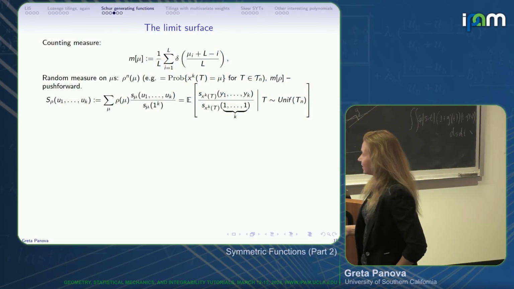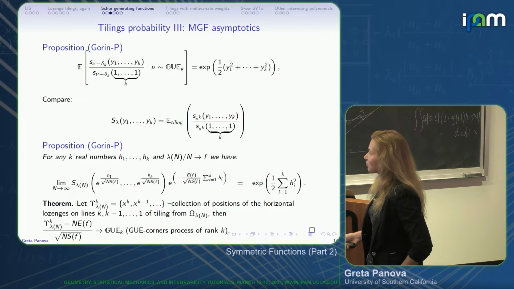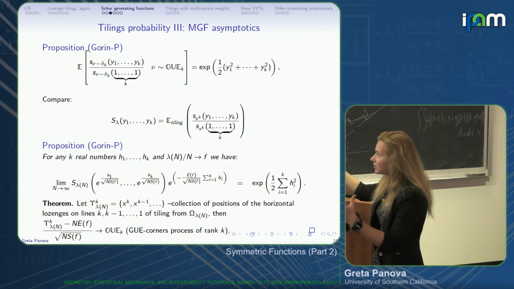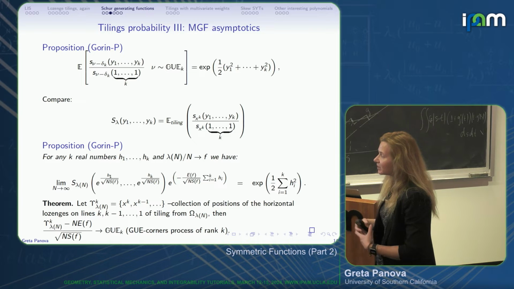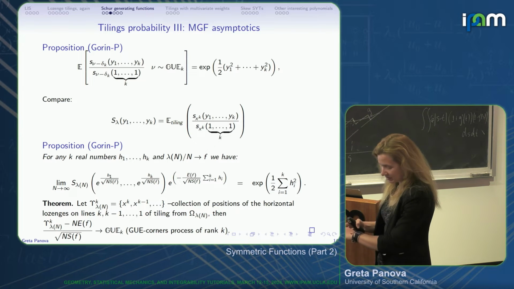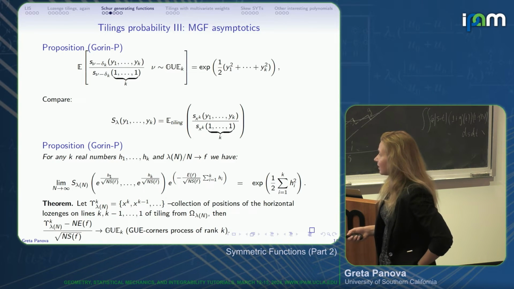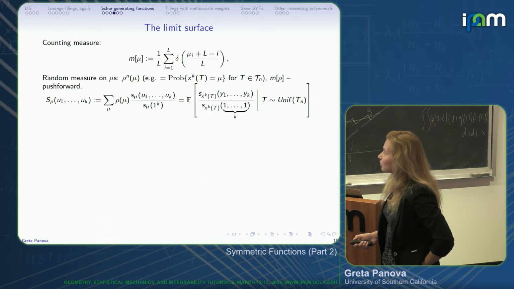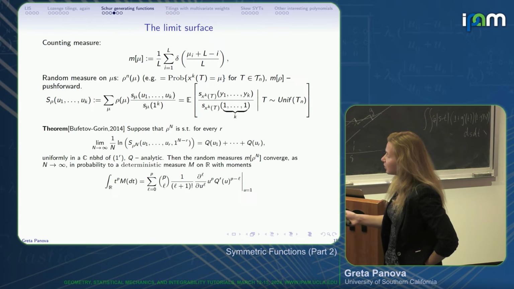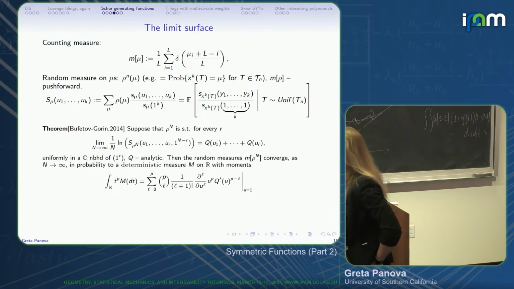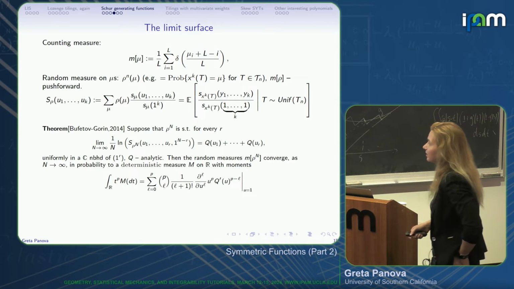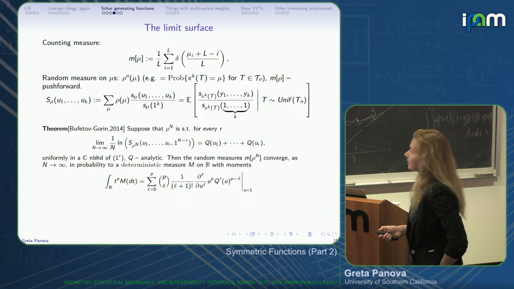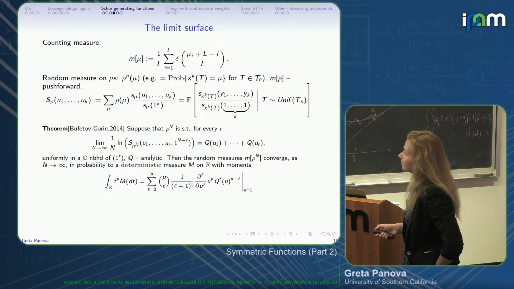So there is also a way to do the limit surface using this Schur generating function, various convergences, and I'm not going to go through the details of this. I'm going to leave it. So I'll post the slides. Of course, you can see what this is about, but you do the counting measure for each line.